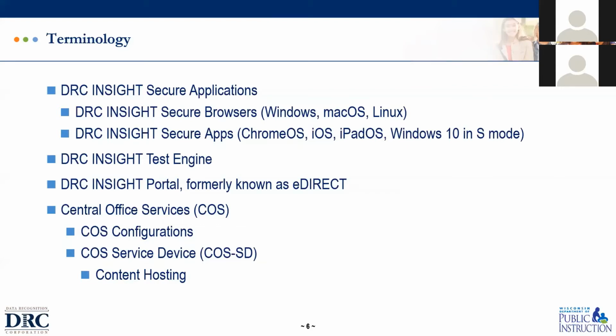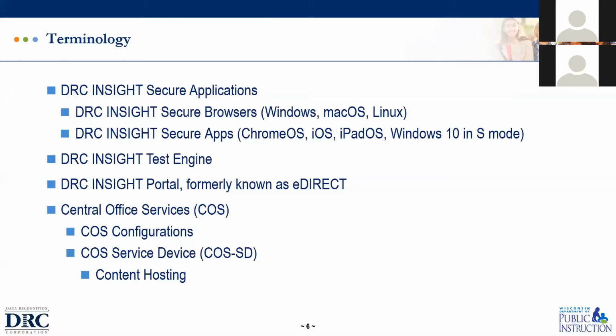The other term that we want to refresh everyone on is the DRC Insight Test Engine. That is different than the DRC Insight Secure Applications. You don't have to install that. It comes down when the student launches the DRC Insight app, and that is where all of the testing content and the student interaction happens within the test engine. The other application is the DRC Insight Portal, formerly known as eDirect.